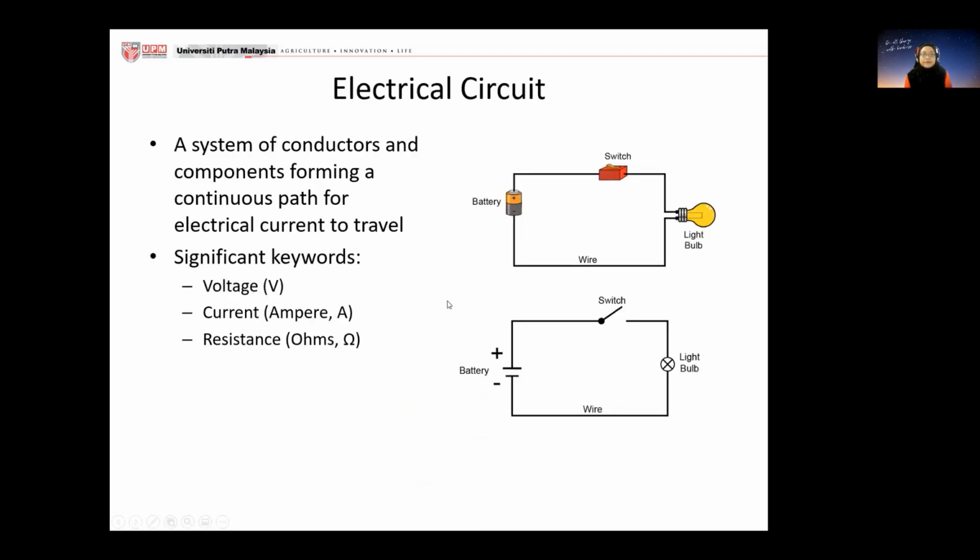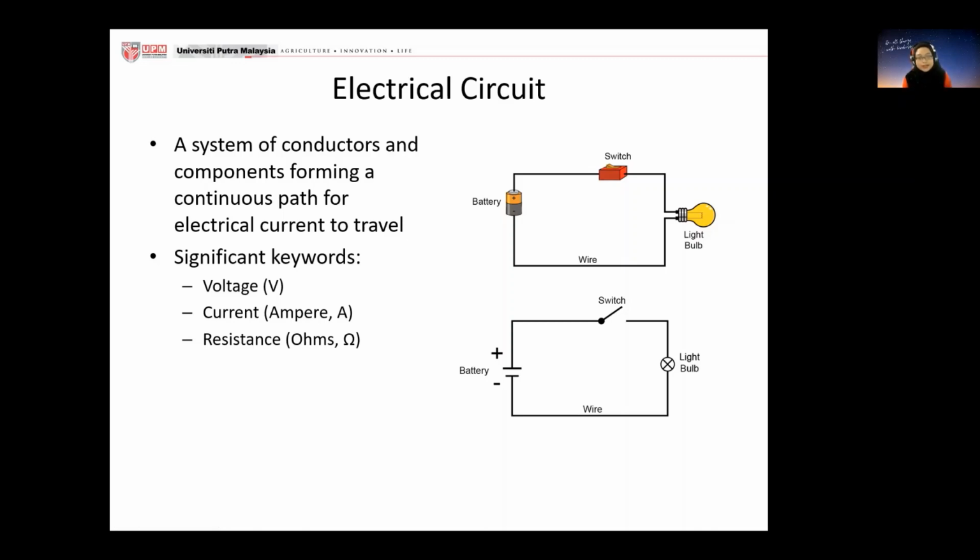Now, an electrical circuit is actually a system of conductors and components forming a continuous path for electrical current to travel. So always keep in mind, you need a complete system.